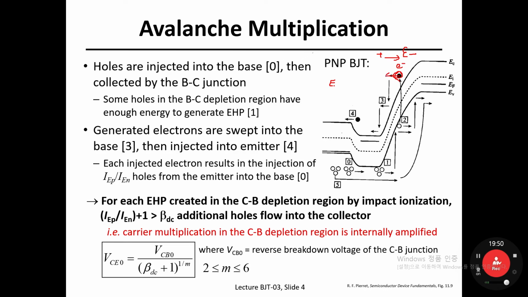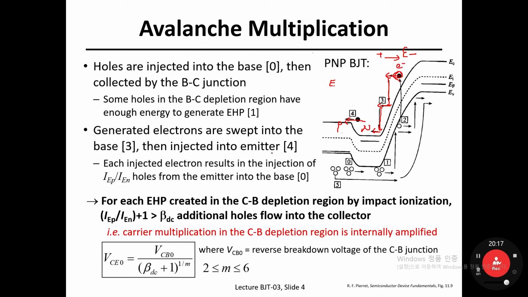So the electron is accelerated, and due to phonon scattering it loses its energy, and like that. In the end, it arrives in the base region, and because this PN diode is forward biased, once the electron arrives in the base region, it is more likely to be injected into the p side because this is a forward biased PN diode.